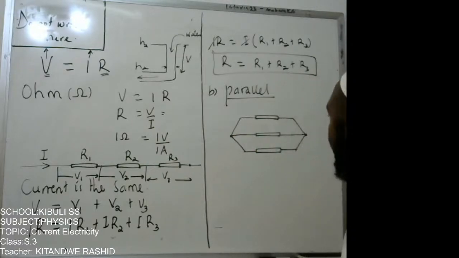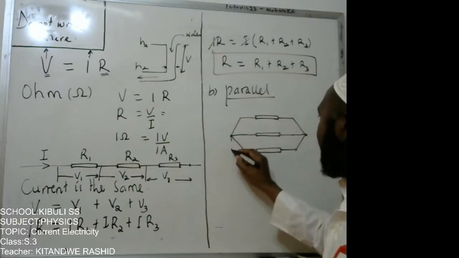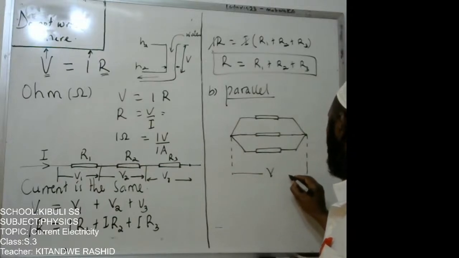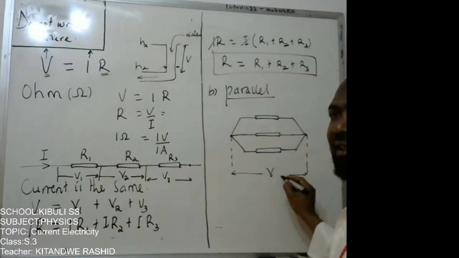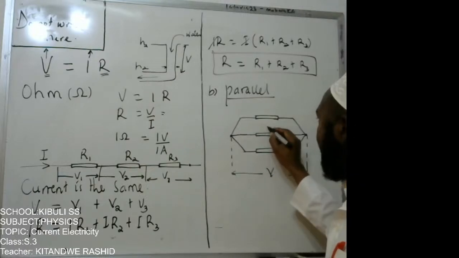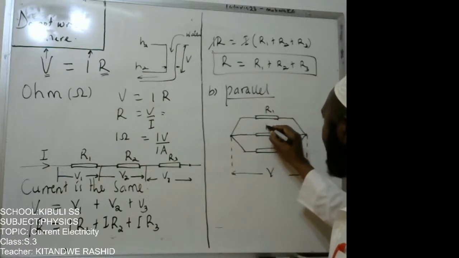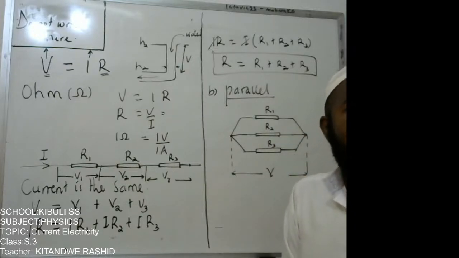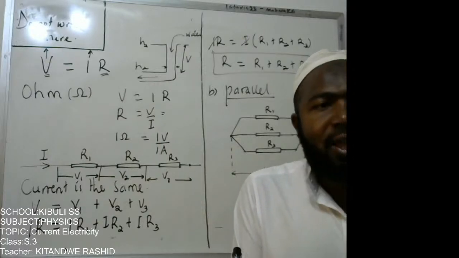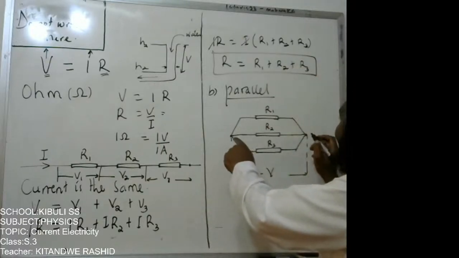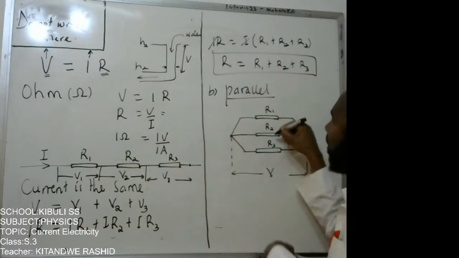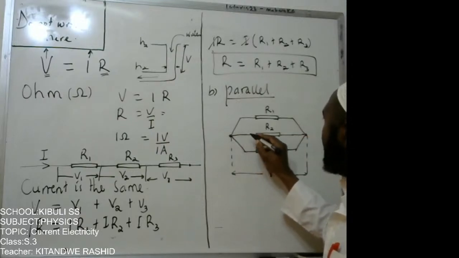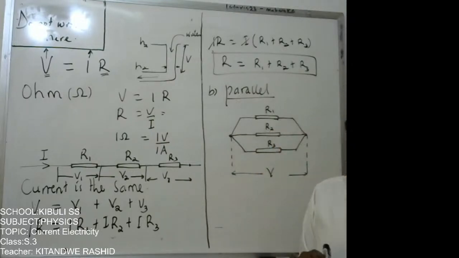That means if you connect a voltmeter here, the PD you are going to register here is the same PD across R1, same PD across R2, same PD across R3, because usually the PD is obtained across the ends of the conductor. And the end of the conductor is common to the three. Therefore, the PD across here is the PD across each of these ones.